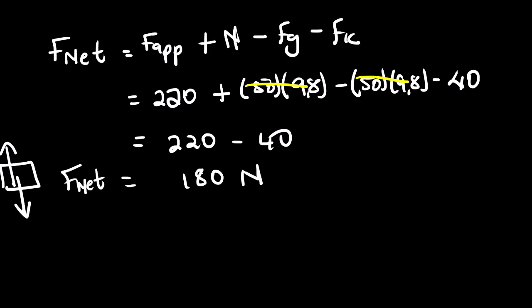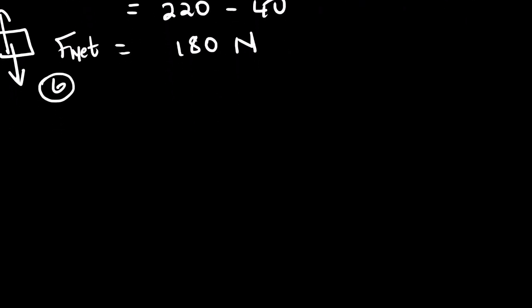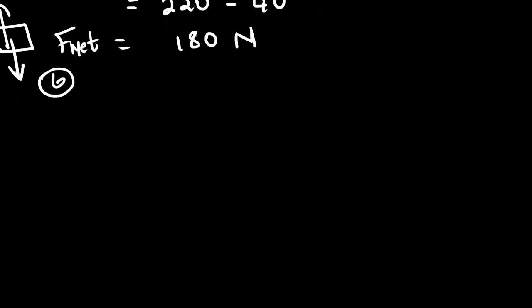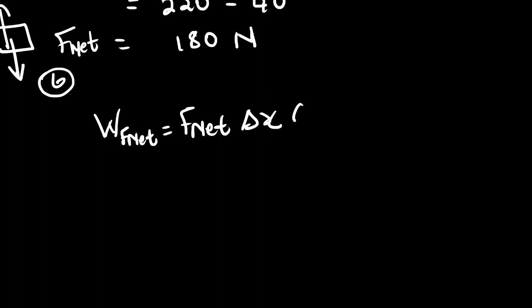Looking at question number 6. Question number 6 is the work done on the box by the net force. So we are going to find the work done by the net force, which we are going to take the net force as our force, displacement, and then cos of the angle.